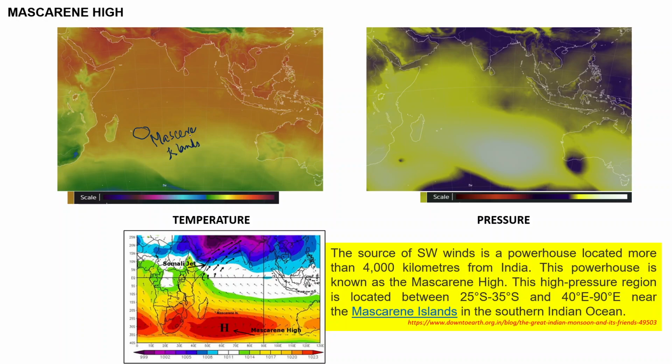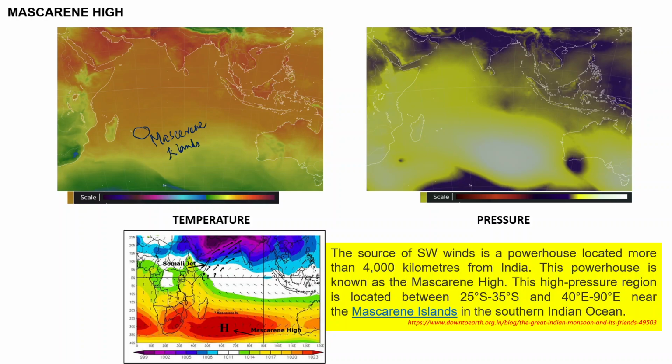So what happens over here is that during the summer months, which is June, July, August of the northern hemisphere, we all know that these are the winter months for the southern hemisphere. So near the Mascarene Islands, there is an unusually low temperature, and this low temperature of Mascarene Island is because of the impact of the Antarctica and associated features.